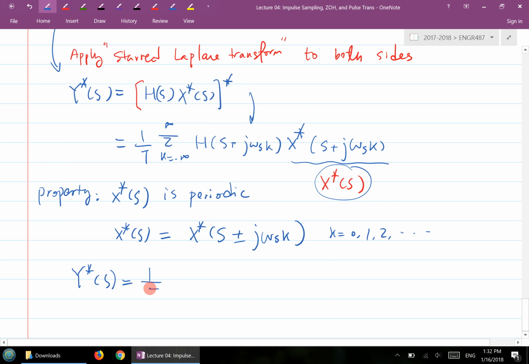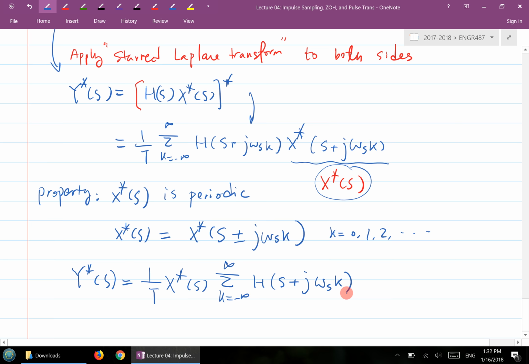So that basically becomes 1 over T times x star of s, and then the rest of the summation.